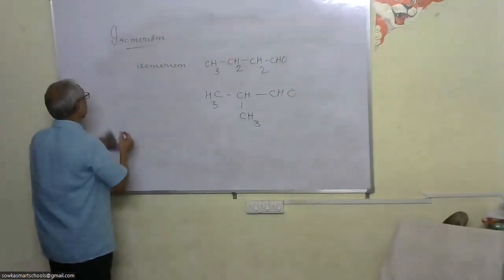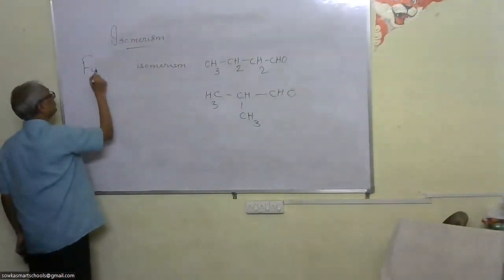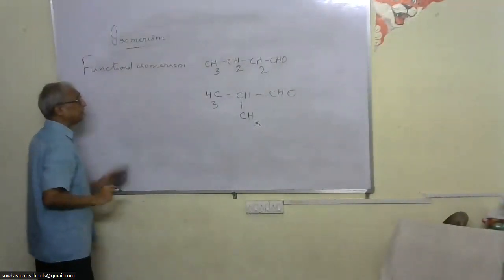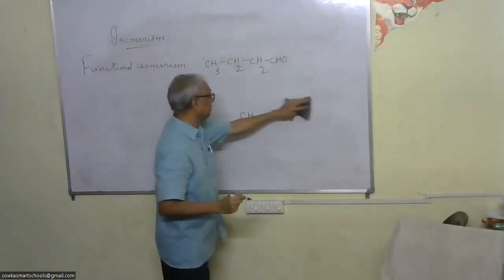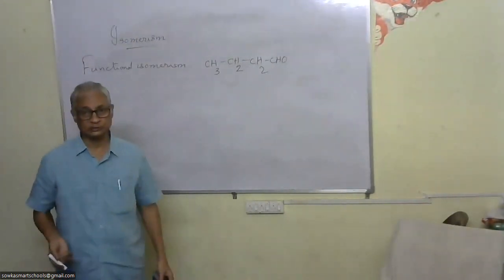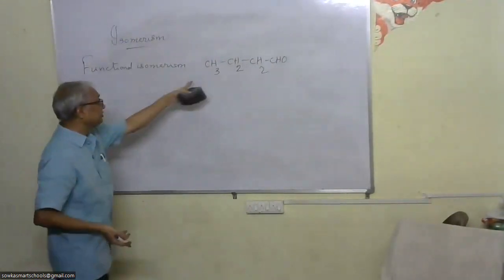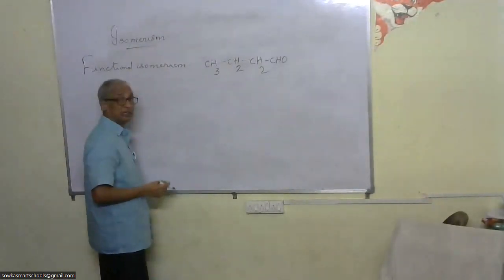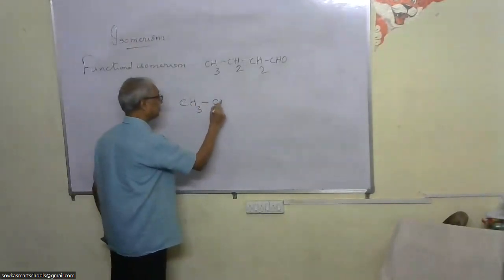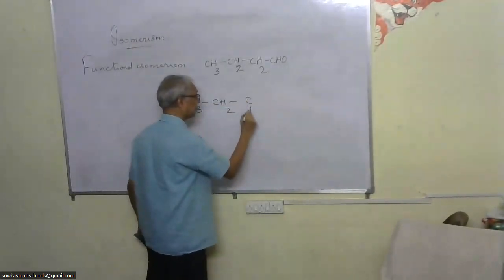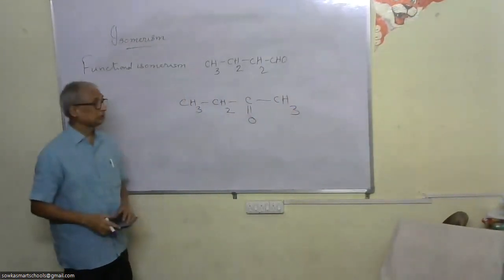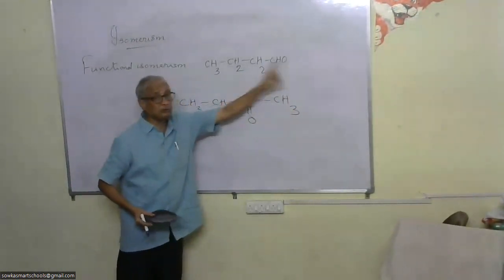Similarly, they have functional isomerism. Functional isomers are different in functional groups, you know that. This is, say, butyraldehyde, and here the functional group is aldehyde group.